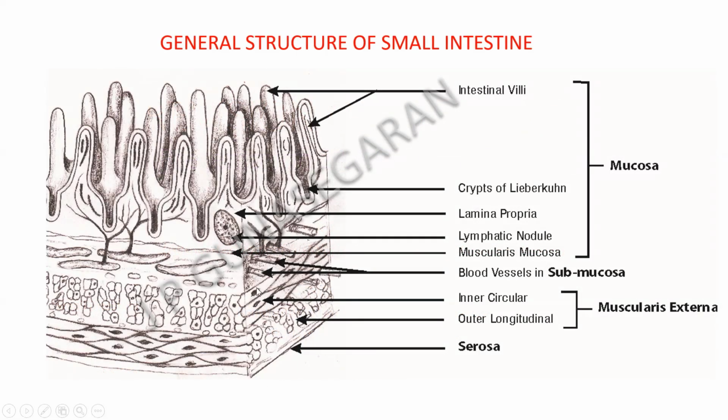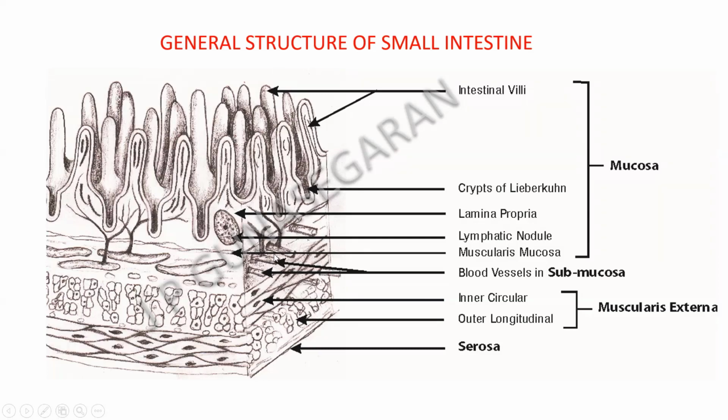This is a schematic 3D picture of section of small intestine showing general architecture. Like any other hollow tubular organ, it's made of 3 coats plus an additional submucosal coat. They are from inner to outer: mucosa, submucosa, muscularis externa and serosa.